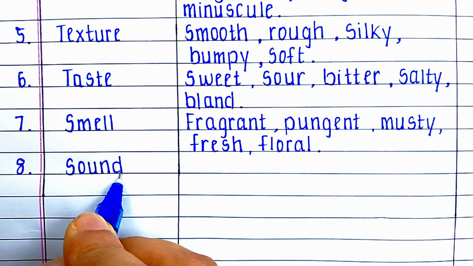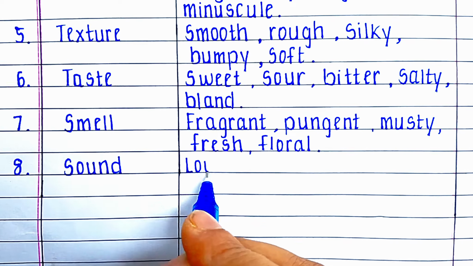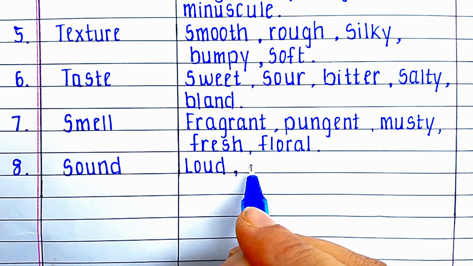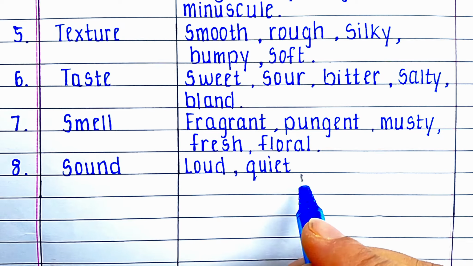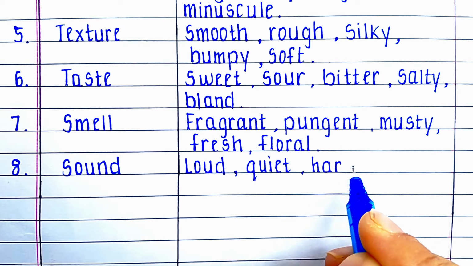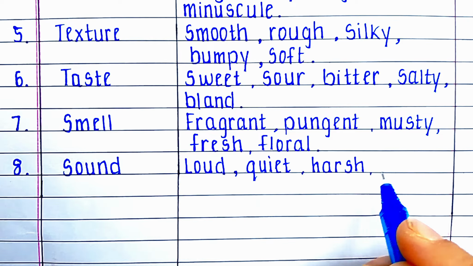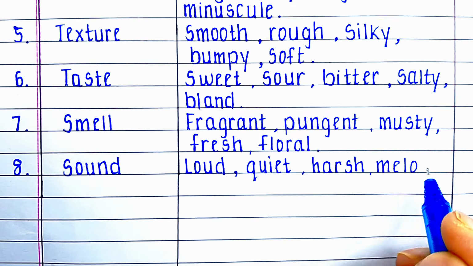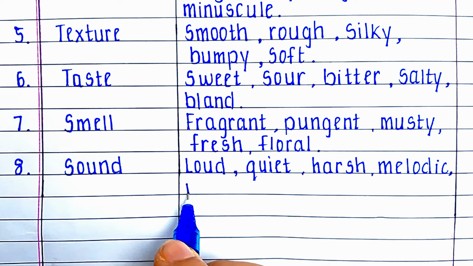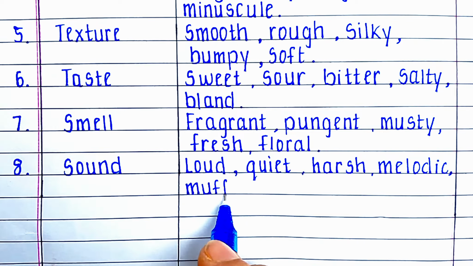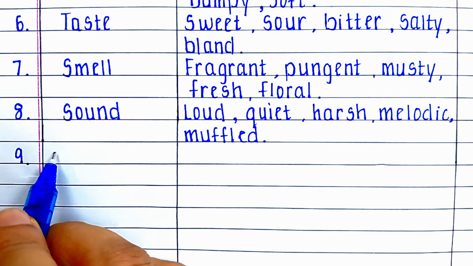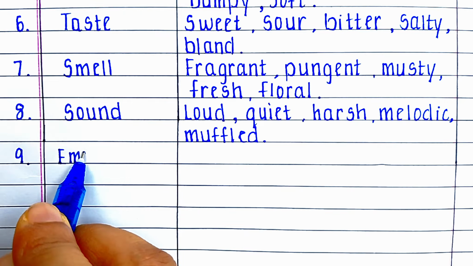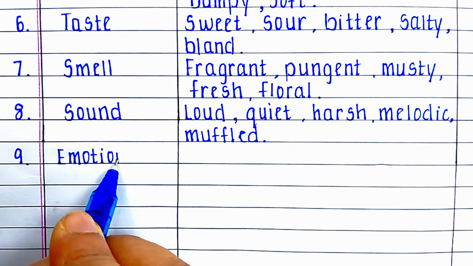Next category is sound. Descriptive words for the category of sound are loud, quiet, harsh, melodic, and muffled. Next category is emotions.